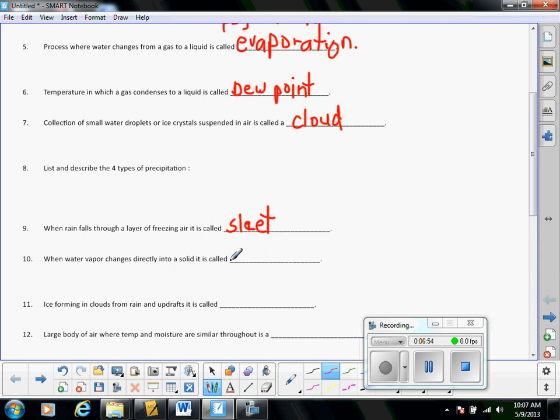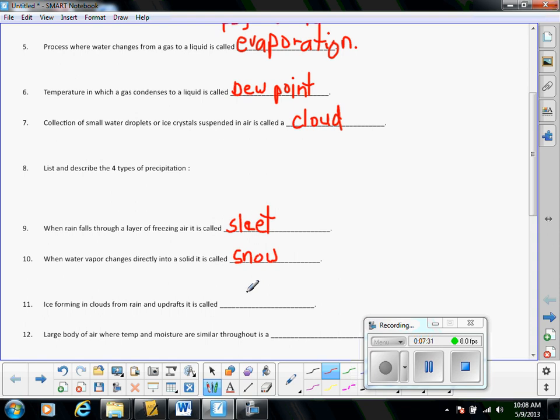Okay, now when the water vapor up in the sky, the gas, changes directly into a solid, that's when snow occurs. So there is a difference between sleet and snow. It has to do with how it's formed. Snow is basically where the water vapor that's in the air skips the liquid state and goes into the solid form as ice crystals, and that's snow.